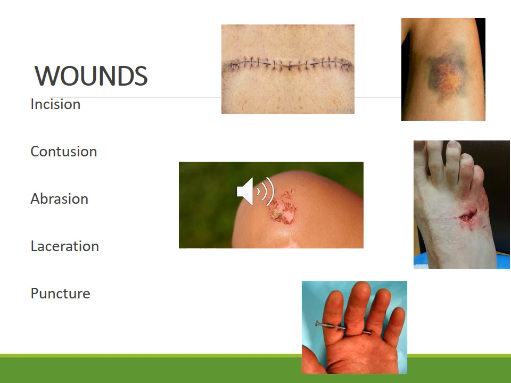The next picture next to it at the top is that contusion or that bruise where the skin's still intact, but we have that underlying tissue damage. Then the middle row here on the left, we have an abrasion as if you fell and skinned your knee. The next one to it is a laceration where we have that irregular cut with some type of object. And then a puncture where something has punctured into our skin.